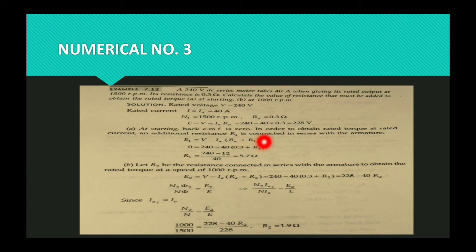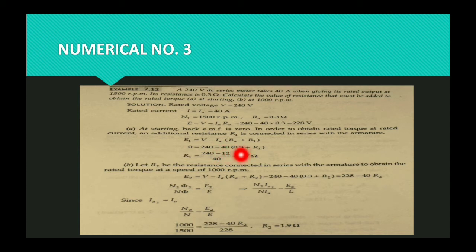In order to obtain the rated torque at rated current, an additional resistance R1 is connected in series with the armature. We have to find the value of R1. So E1 equals V minus IA into (RA plus R1).